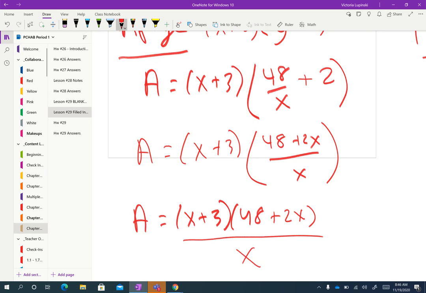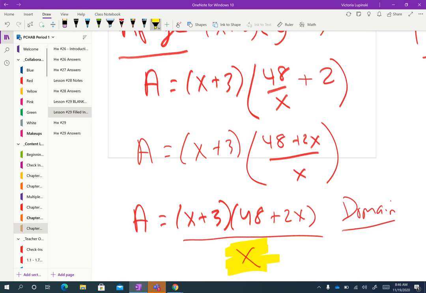So the first thing I want to point out here is, in terms of domain, you would not be allowed to choose any value of x that would give you a negative or a 0. So we actually want to think about what the real world domain would be.